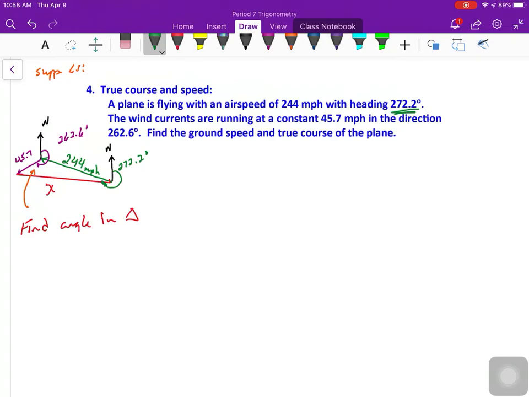Okay. Now, first of all, we have supplementary angles. So if I take 360 and I subtract 272.2, I get 87.8. And that's going to be this angle right here.